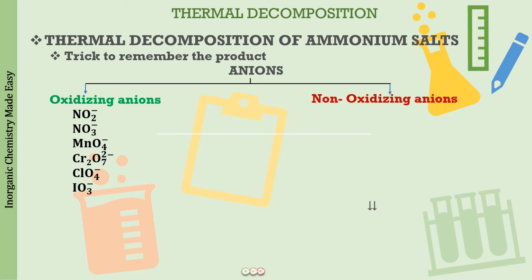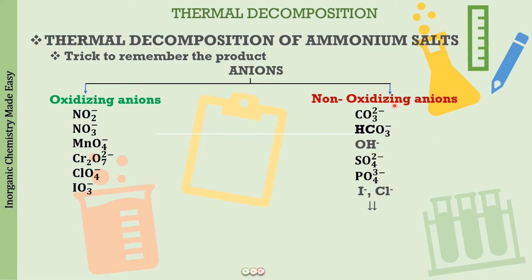Apart from these, all the other anions, for example the carbonate ion, the bicarbonate ion, OH-, SO4 2-, PO4 3-, the iodide, chloride and bromide ions, the halides, are categorized as non-oxidizing anions.